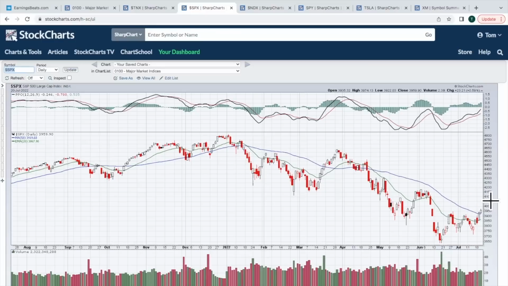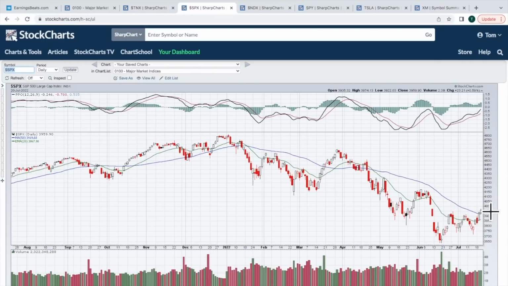This is a little bit tougher call, but we want to keep an eye on our sustainability ratios. I think they'll give us some clues as to whether we're going to continue to strengthen or whether we're going to roll over. I'll talk about that in just a minute. But right now, we've taken out this double top right here. And watch that rise.